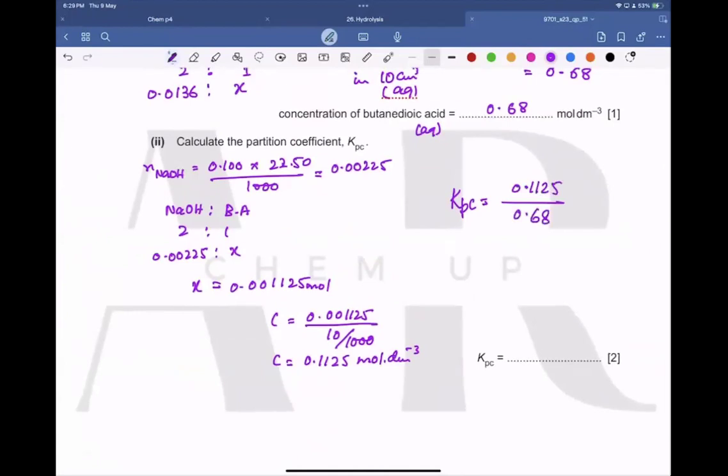Now divide it and you will calculate the KPC. Miss, can anyone calculate it and tell me the answer, please? It's 0.165. Okay, so 0.1654, Abdullah. Okay, thank you.